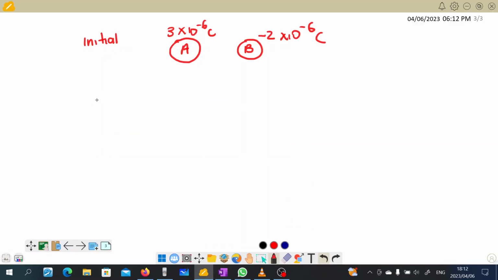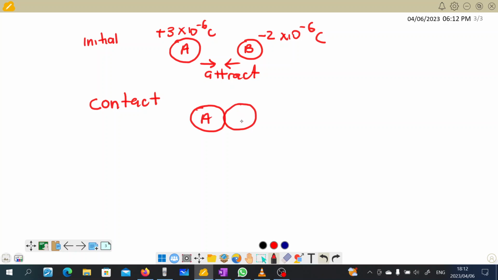So they will come into contact. In other words, they will unite, because this one is positive and the other one is negative. So they will attract each other. Now, when they are in contact, what's happening there?